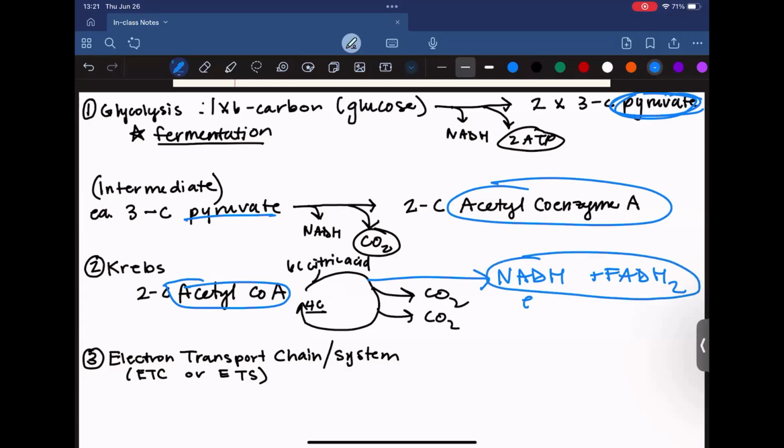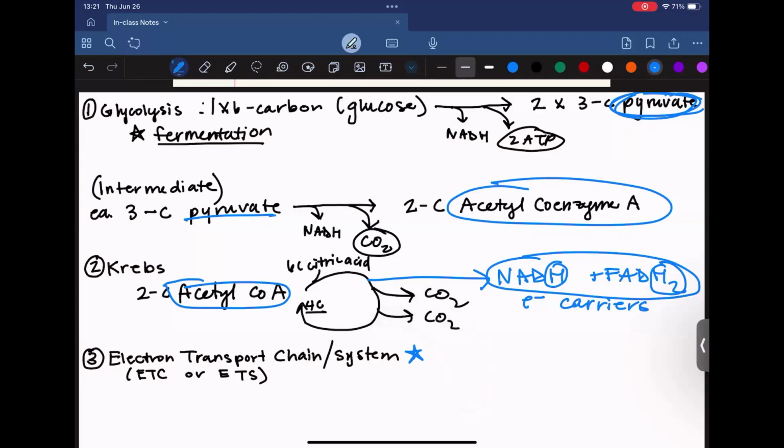And so what are these guys really? These are just electron carriers. These are literally just there to carry electrons around in the form of the H's. So think of the H's as being electrons. Because once we start dealing with them in the electron transport chain, we're going to start seeing them as H pluses. But are H pluses just H pluses?